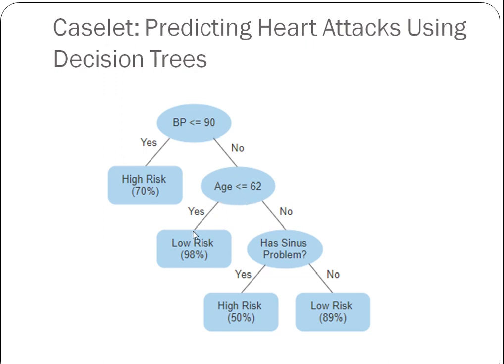If yes, the risk is very low, meaning 98% of the people may not have a second heart attack. If age is greater than 62, the next question is: has sinus problem? If yes, it is a high risk, and there is a 50% chance that they might get a second heart attack. If there is no sinus problem, it is very low risk, so there is an 89% chance of no second heart attack.